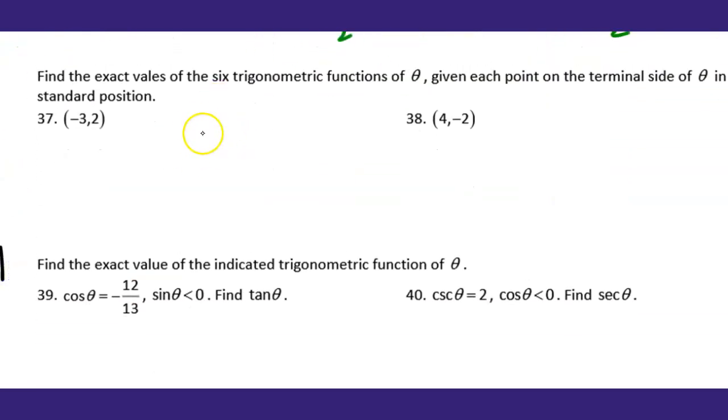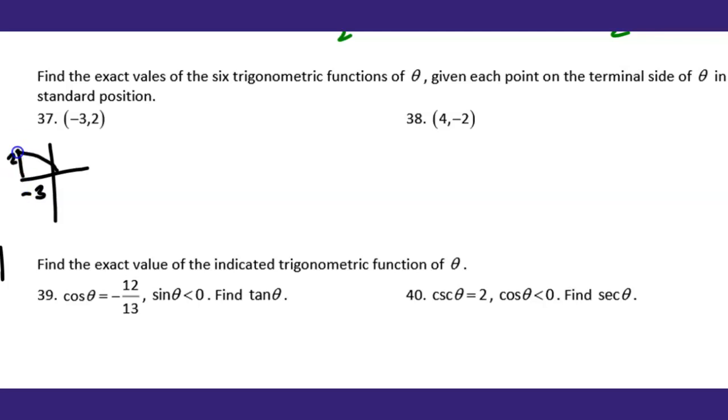Now, number 37. Find the exact values of the 6 trig functions of theta, given each point on the terminal side of theta in standard position. So this tells me I have a coordinate on a coordinate plane, negative 3, up 2.